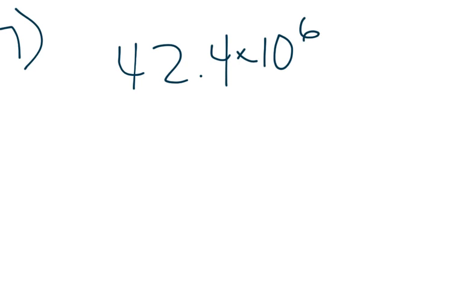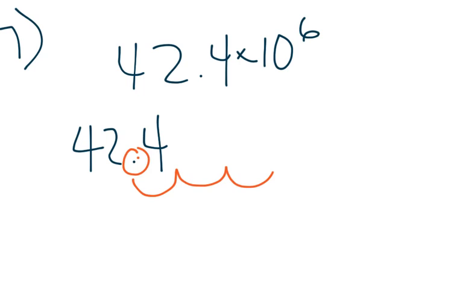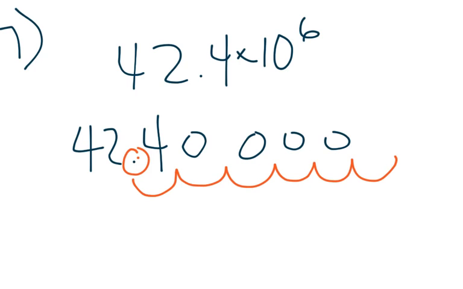So for number 7, we have 42.4 times 10 to the 6th power. What we are going to do is move the decimal to the right. We start here, and we go to the right 6 times: 1, 2, 3, 4, 5, 6, and the spaces where we don't already have numbers, we fill in zeros.